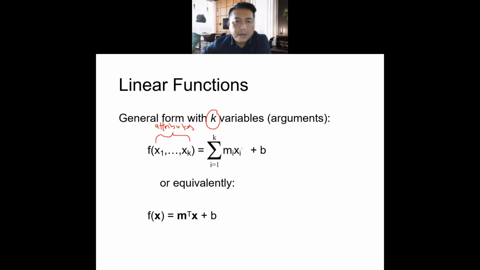So for the linear function, we should have a formula in which we have all the variables here, and this is the summation of all the products of the value of the attribute with some kind of coefficient, plus the bias.